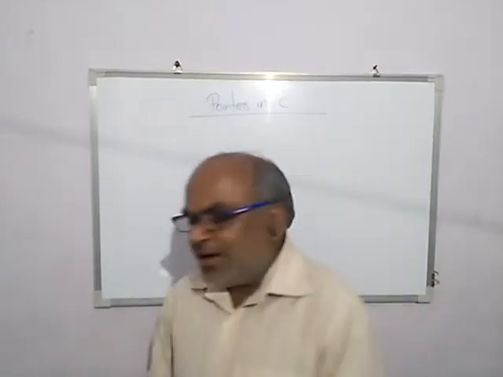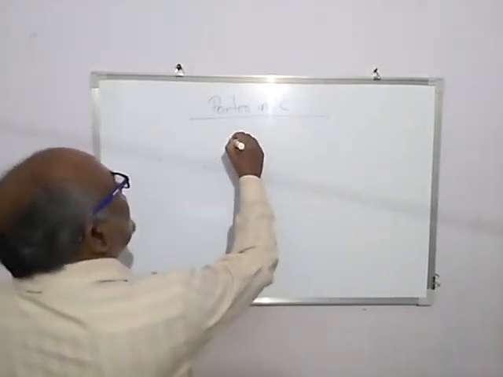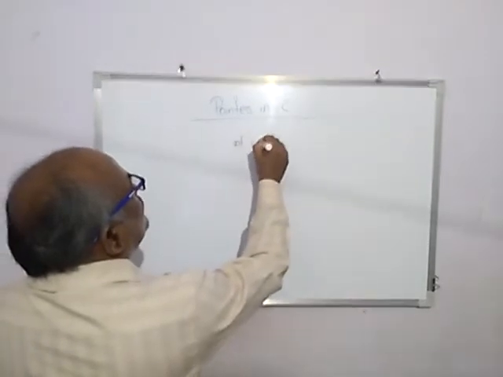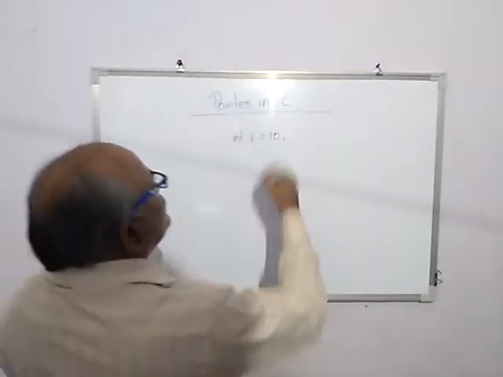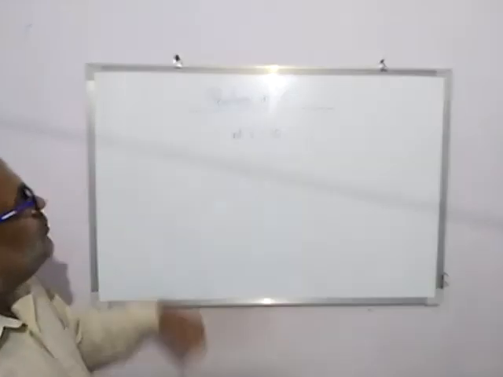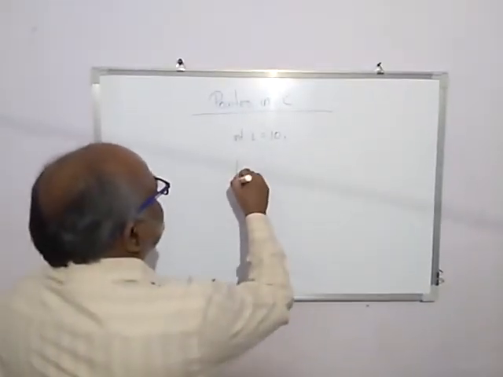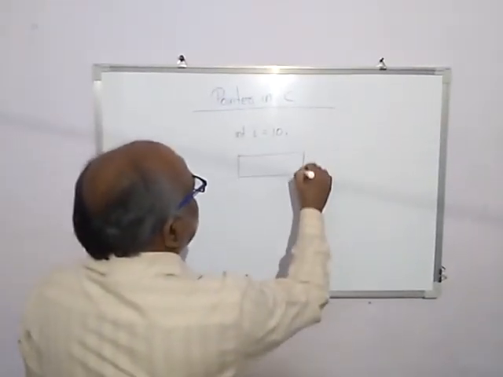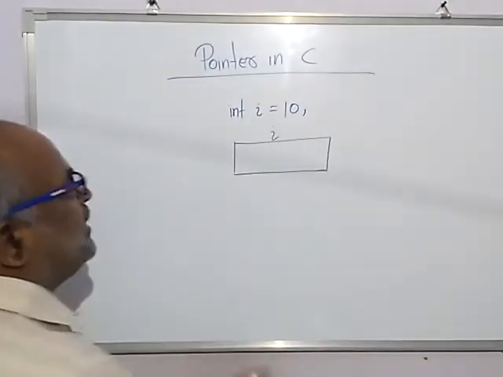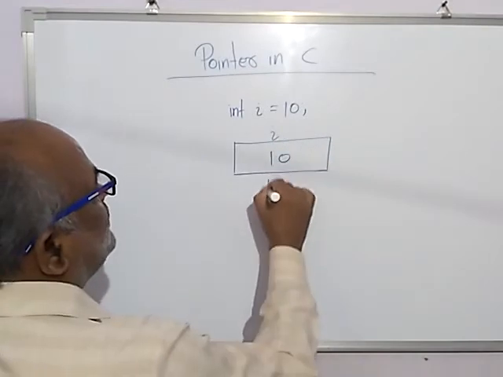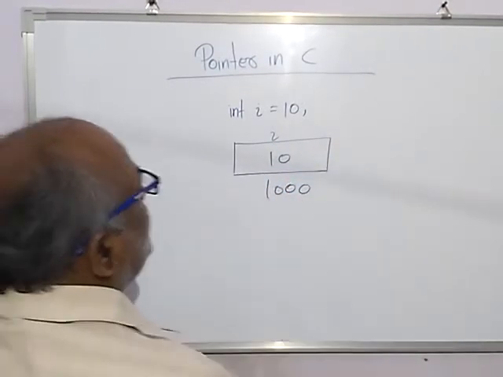Suppose we consider a variable int I, int I equal to 10. So what does it mean? Int I equal to 10 means it reserves a memory location in computer's RAM to store a value. The name of the variable is I, the value is 10, and suppose 1000 is the address.